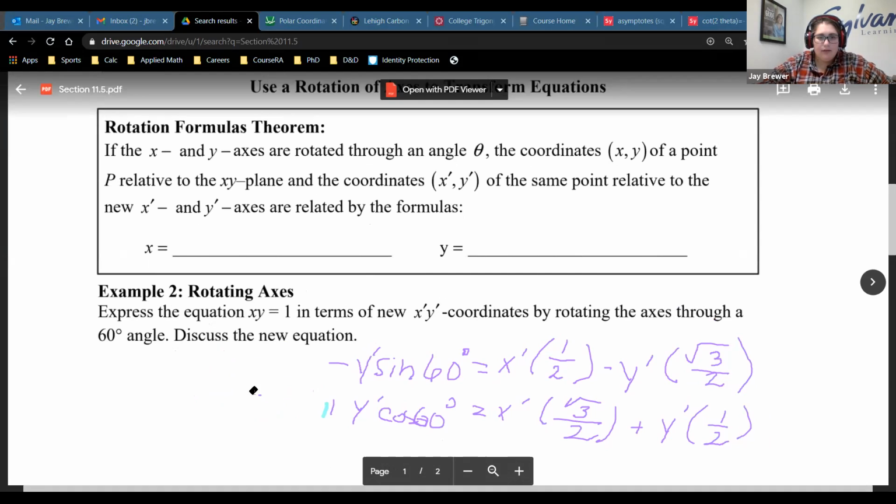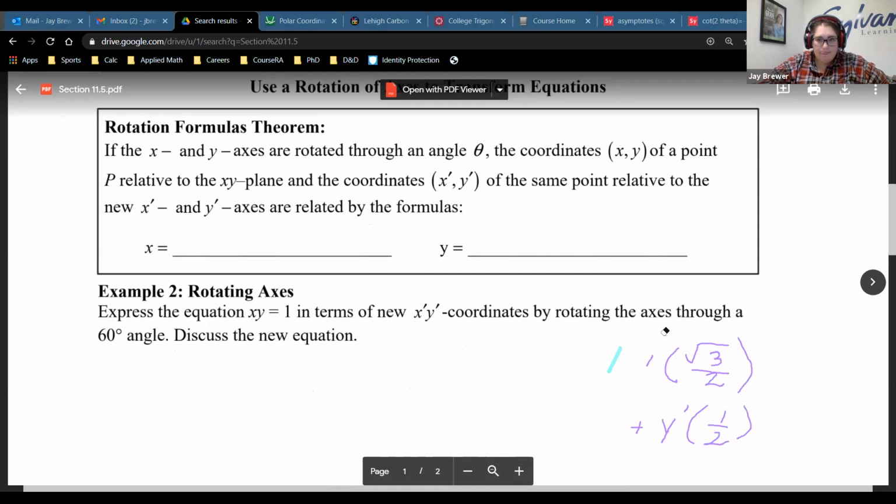So what do you think the next point is? We now have our x and our y. What did the problem want us to do with them? What did the problem ask us to do? We just found x and y, so now we have to do what?